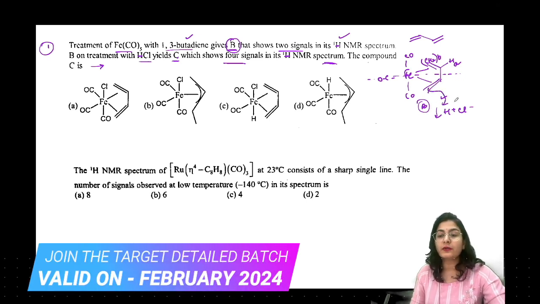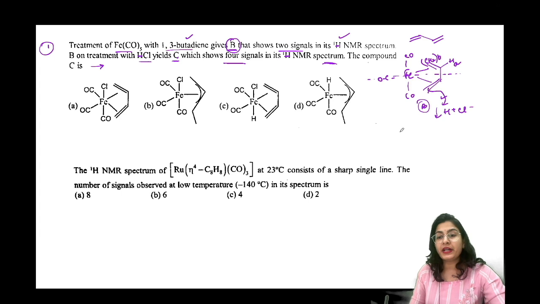Definitely the alkene is going to attack the H plus, but after forming the allyl complex, because after it attacks the H plus, this becomes methyl, and here a positive charge comes. The iron is providing electron density to make the allyl complex, but the iron got the positive charge now.